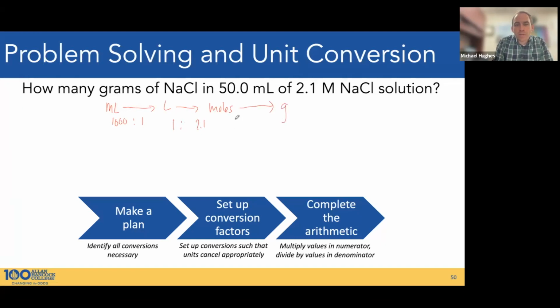And we know that in every 1 mole of NaCl, there is, well, let me take a look. Sodium is 22.99 grams per mole. And chlorine, of course, is 35.45 grams per mole.